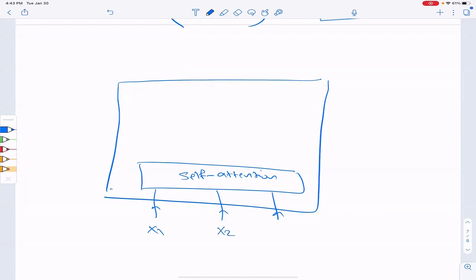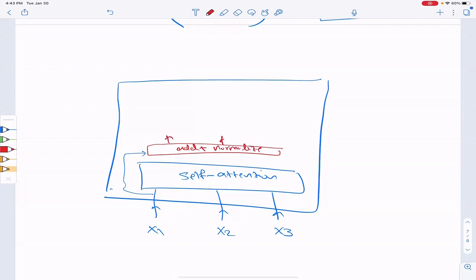X1, X2, X3. Then you have this residual layer. Basically, the output of the self-attention for each X1, X2, X3, there's Z1, Z2, Z3, same lengths. You add them up, and perhaps you normalize.